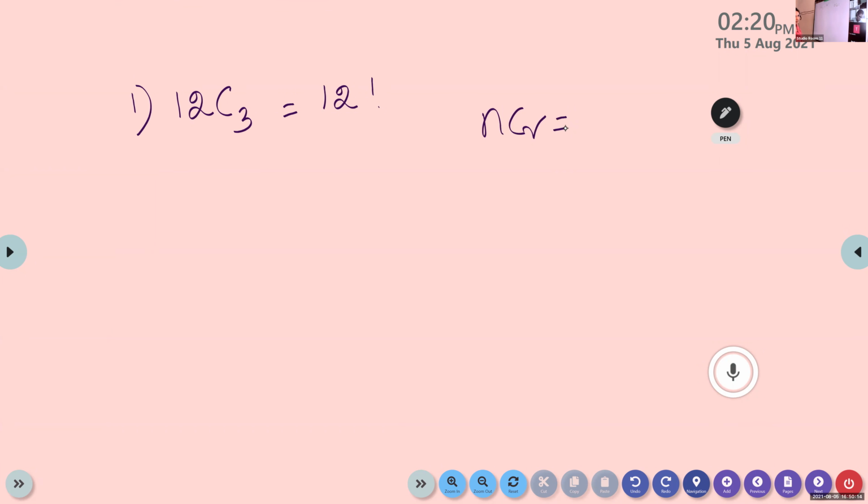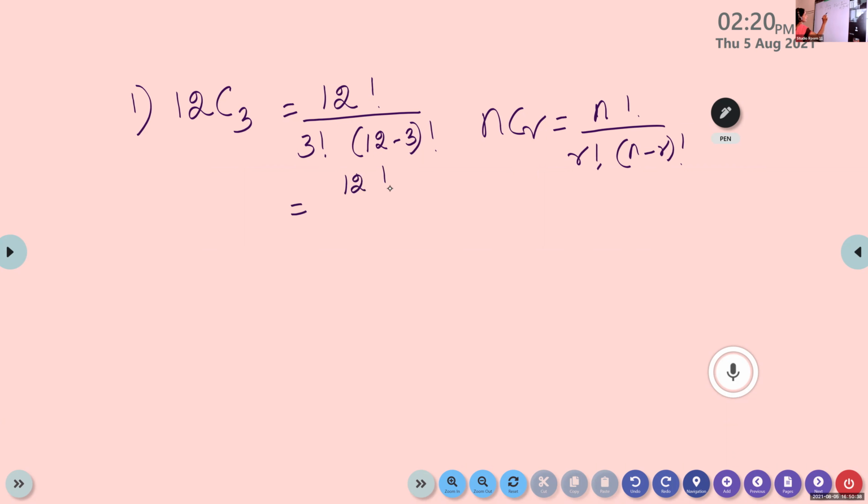What is NCr? NCr is n factorial by r factorial into n minus r factorial. So what will be 12C3? 12 factorial by 3 factorial into 12 minus 3 factorial. So that is 12 factorial by 3 factorial into, what is 12 minus 3?